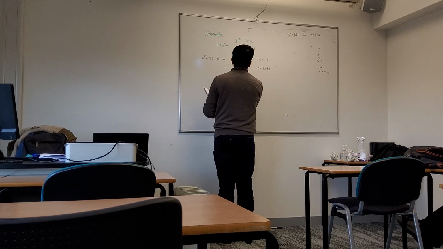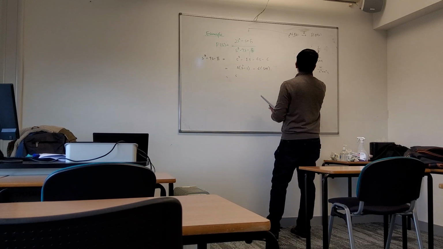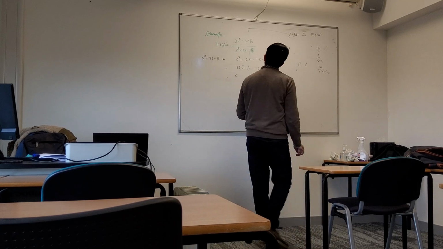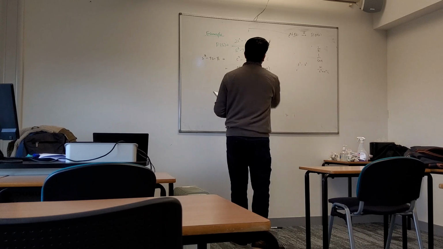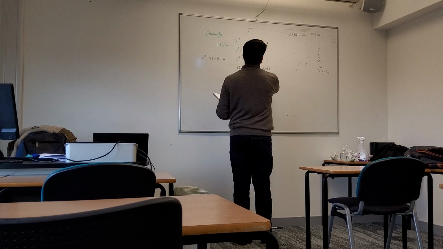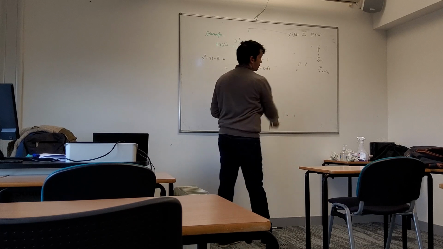It's just 6 taken common. Here s was common, so s squared minus 1, and here 6 is taken common, so s plus 1.